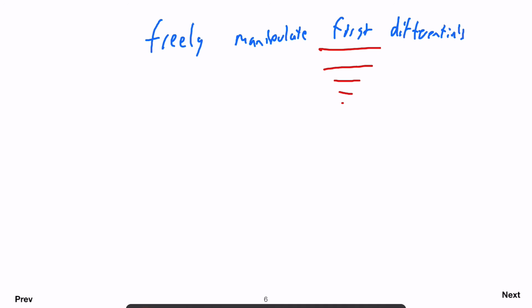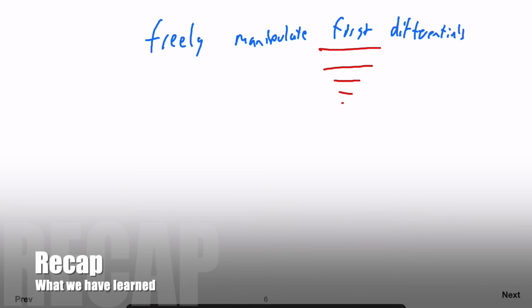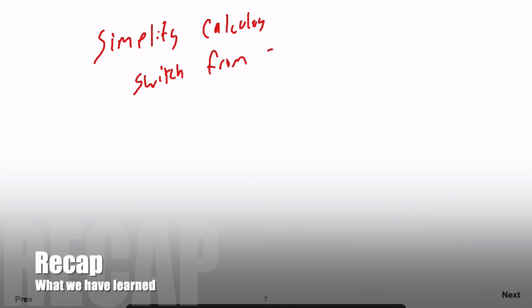I think we've done enough work here. So anyway, to simplify calculus, we're switching from derivatives as the primary thing that you find to differentials.